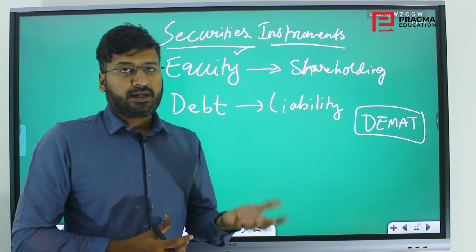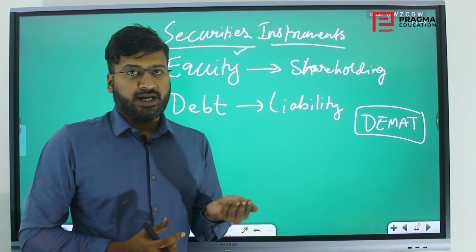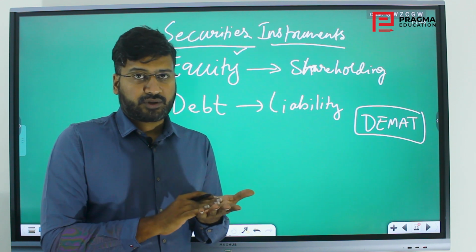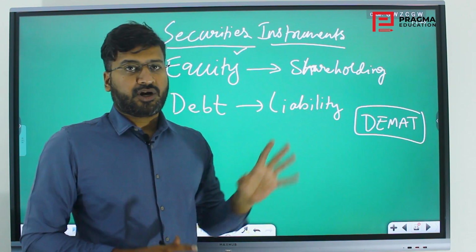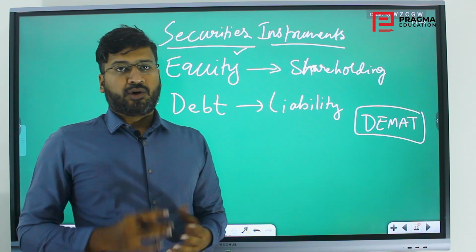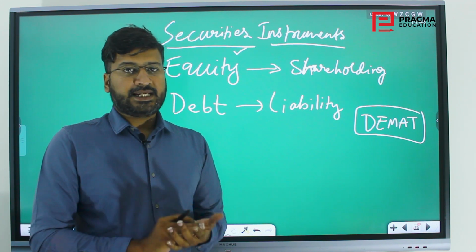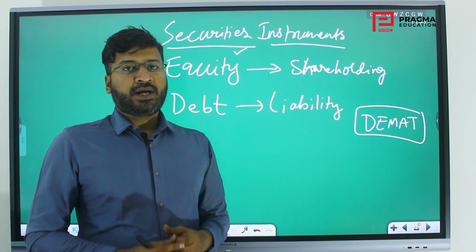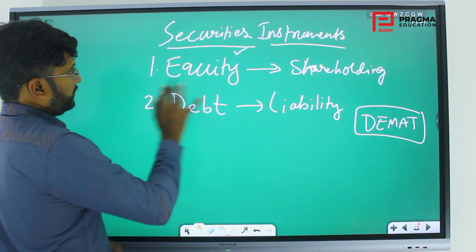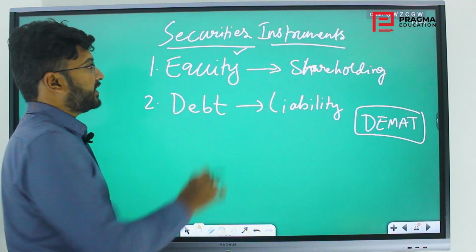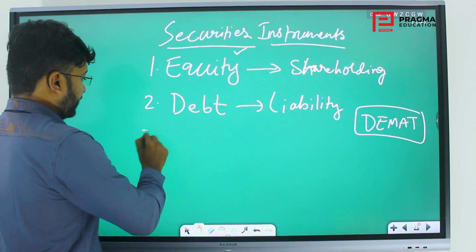Materialized means cash or liquid cash, the material matter that you are looking at. Dematerialized means it is in asset form, not in liquid or cash form that is readily usable as a liquid measure. These are the main two securities instruments in the capital markets.